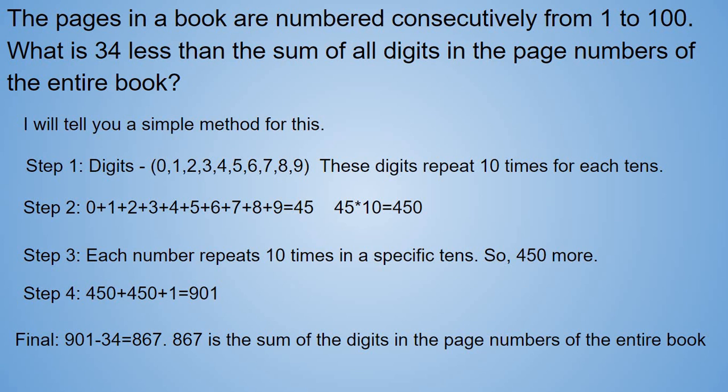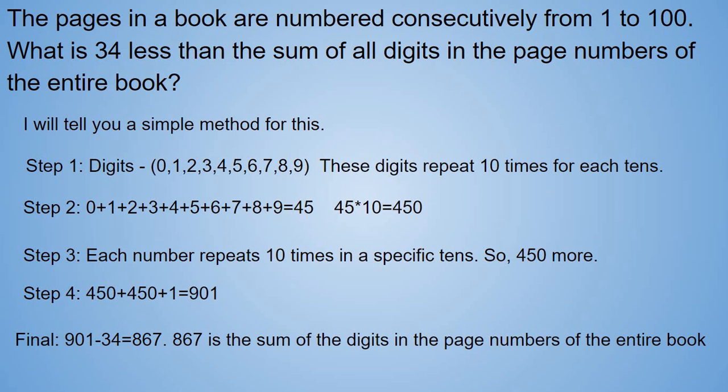Let's do a recap because we did a lot of stuff here. So first we figured out there are 10 digits in normal counting numbers. Then we figured out these digits repeat 10 times in each tens. So we added all those numbers up and multiplied by 10, which is 450. That's the sum of all the digits in just the ones place, excluding 100.